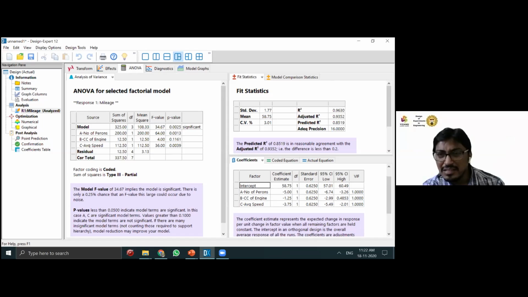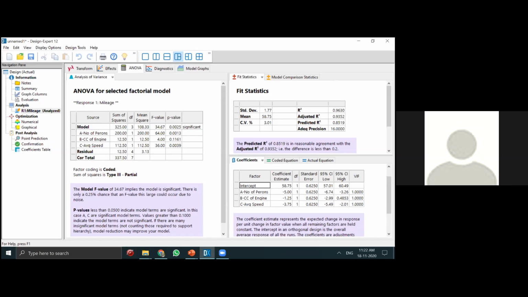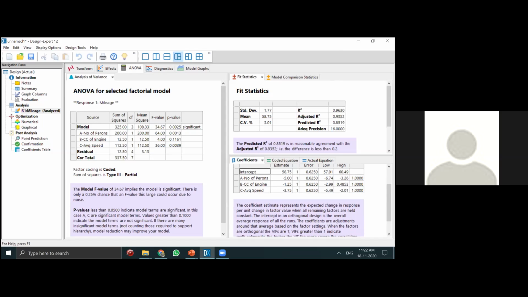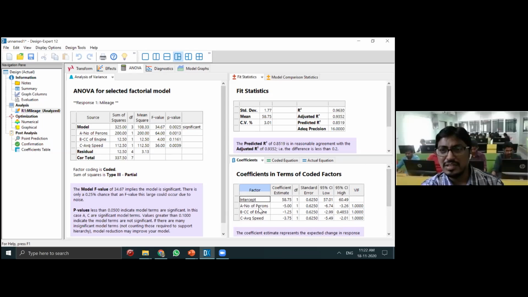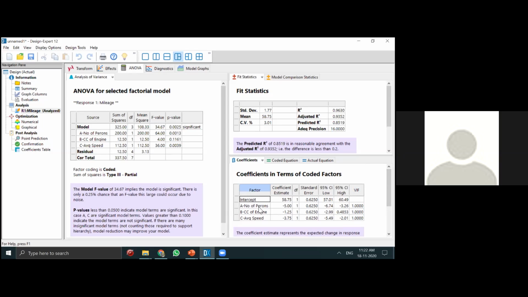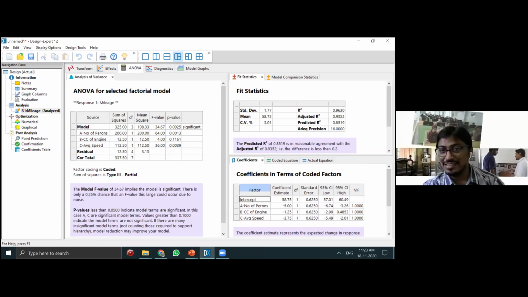No, I don't think so. These are only the coefficients of the equation, for the equations only. We have not given any interactions at present.